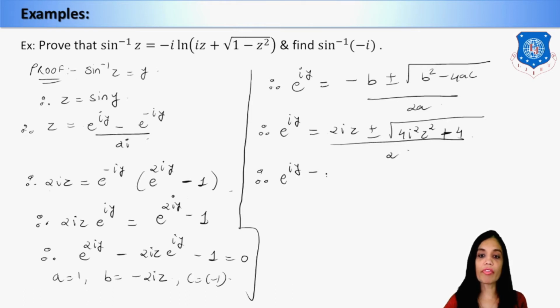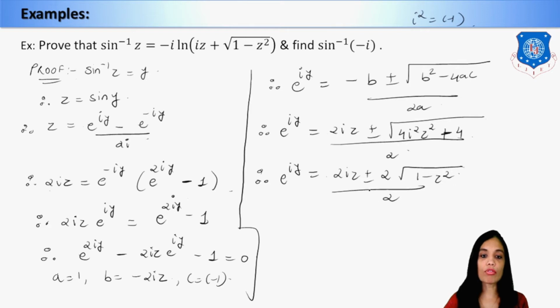So e raised to iy is 2iz plus or minus. Now i square is what? Minus 1. So this will be minus 4z square. So we can take out 4 common. So we will have 2 under root of 1 minus z square upon 2. Now take out 2 common and cancel it out. So the answer will be iz plus or minus under root 1 minus z square.